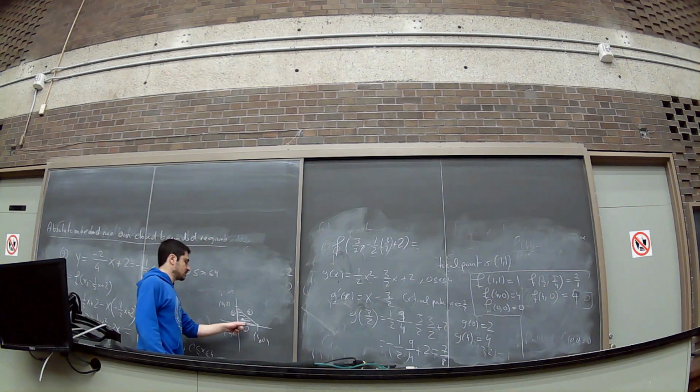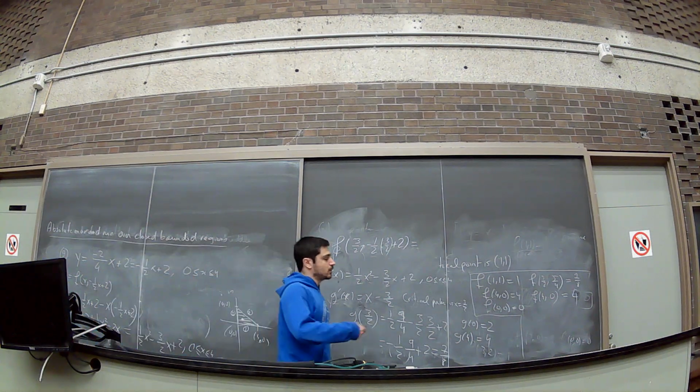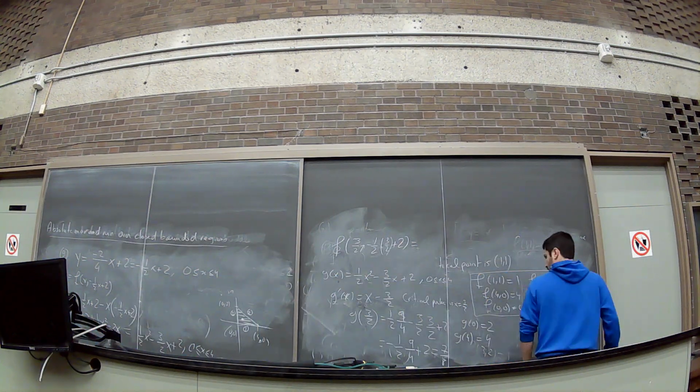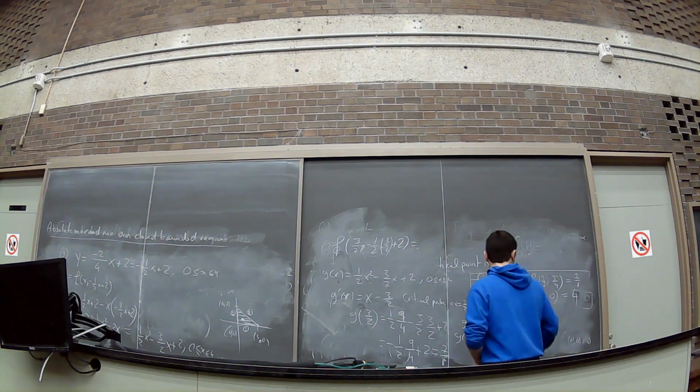Say 3 over half, 3 halves is here. Look at the value of 1. Minus 1 half times 3 over half, minus 3/4, plus 2, which is 8/4, is 5/4.